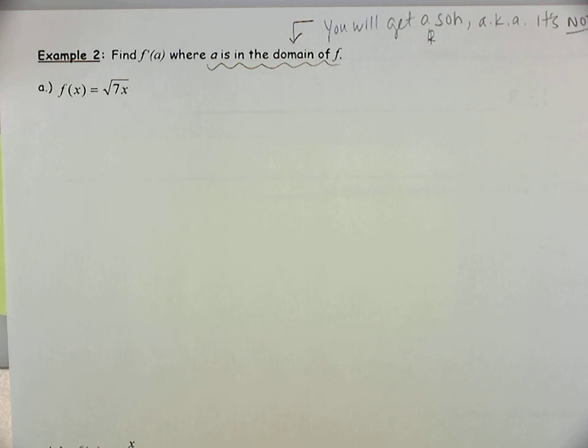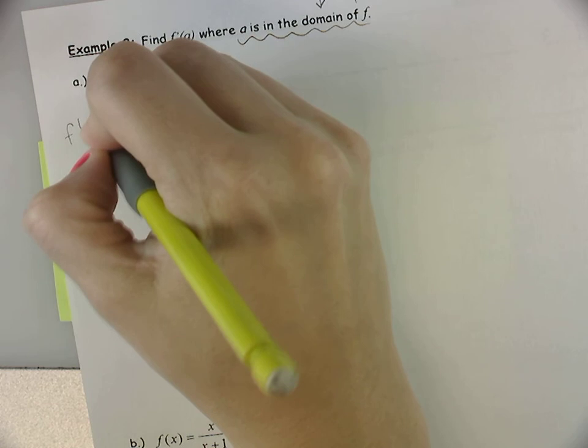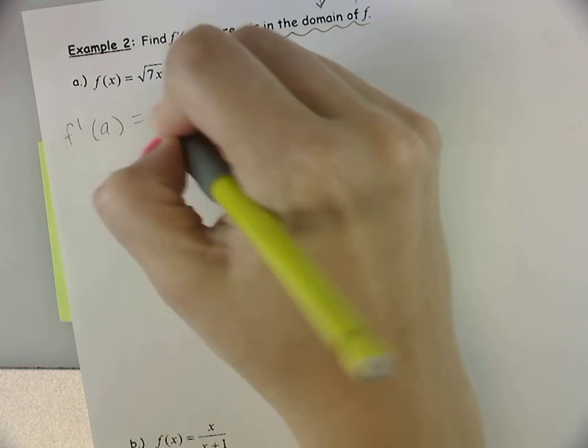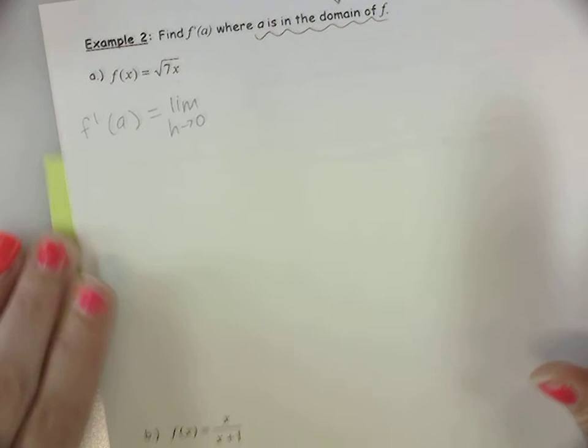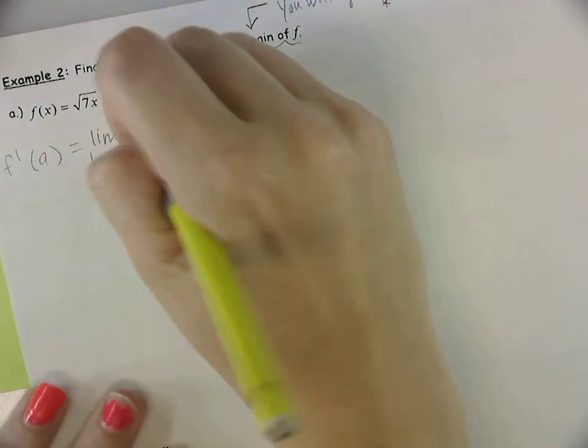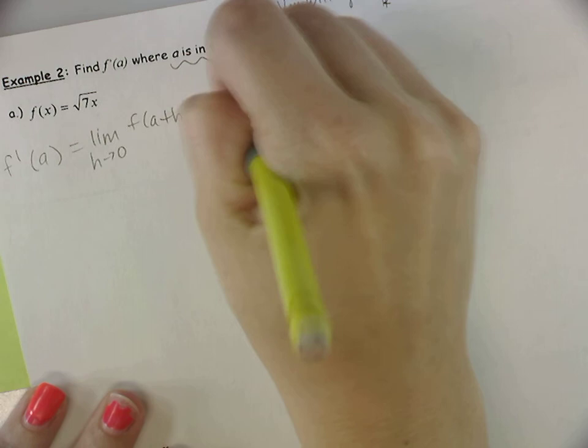Okay, so for this, you can use either equation, and like I said, I'm going to show you both ways. So the first way is going to be your derivative of f of a equals the limit as h approaches 0 of f of a plus h minus f of a over h.